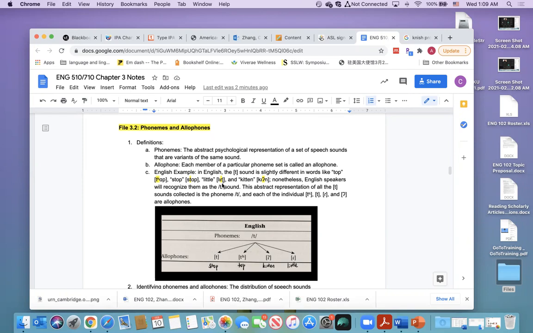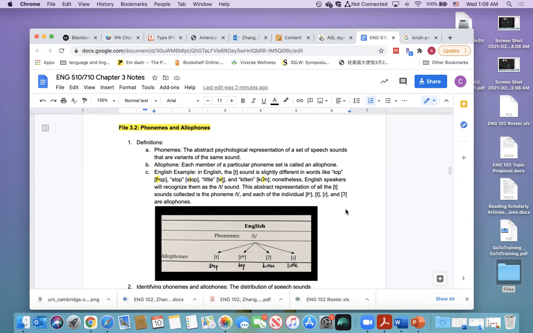You also have the flap, as in little, and you have the glottal stop in kitten. Nonetheless, English speakers will recognize them as the t sound.